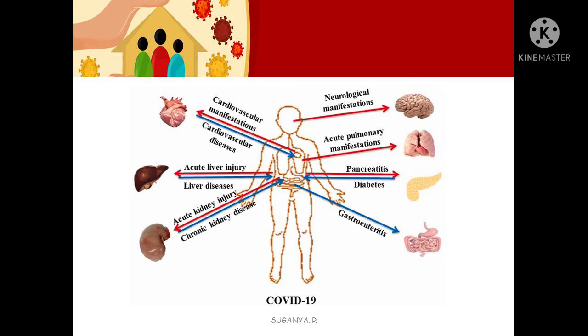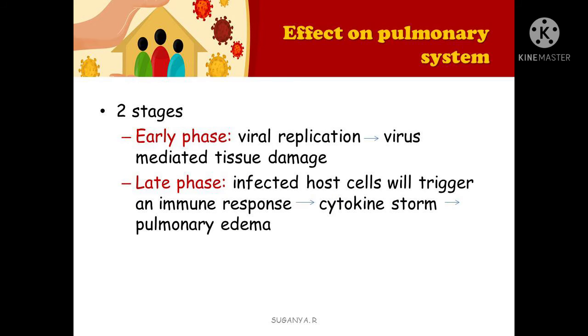This picture depicts that COVID-19 can affect multiple systems like the heart, liver, kidney, brain, lungs, pancreas and gastrointestinal system. Effect on the pulmonary system occurs in 2 stages. In the early phase, viral replication occurs and leads to tissue damage.